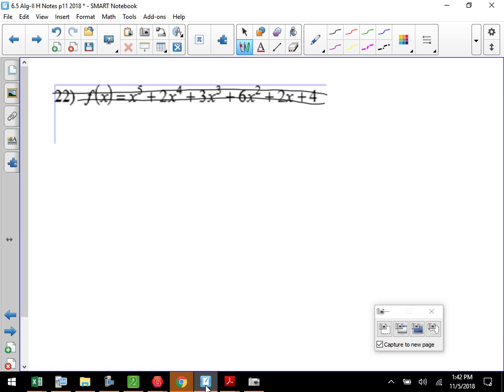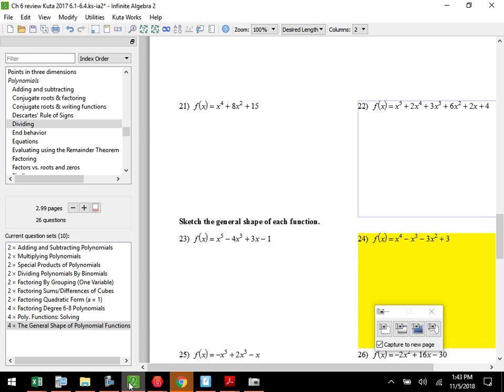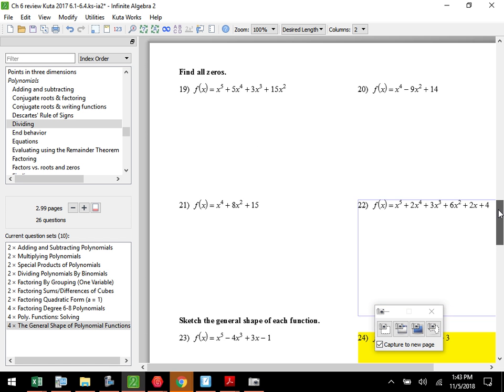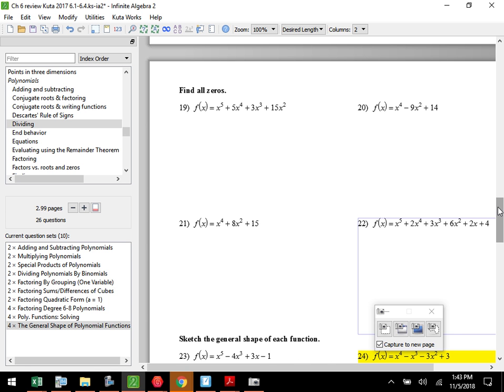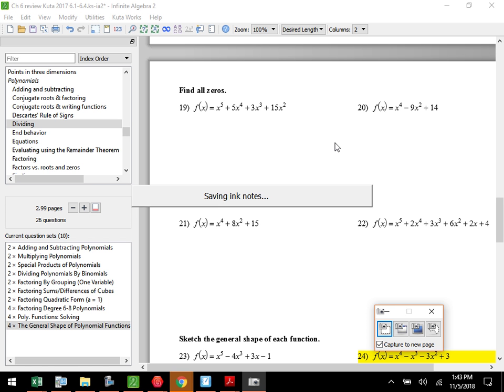But if you look at number 19, I can ask you something more specific, because we've done this. I think out of the whole thing on here, 22 is really the only one you guys can't do. But at number 19, what if I changed it from zeros to state if there's any multiplicity?